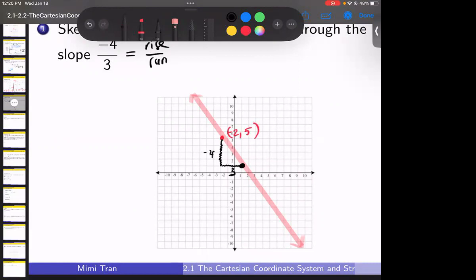I always go to the right. All I have to remember is either rise down or rise up, but always go right. So I don't have to remember whether to go left or right, up or down. The only direction I change is the vertical direction. The horizontal direction, I always go right.